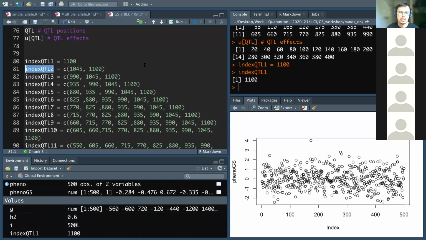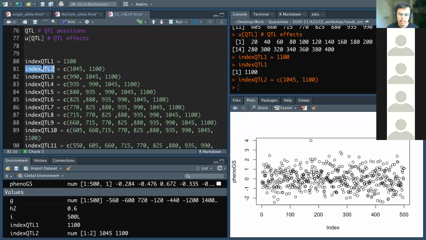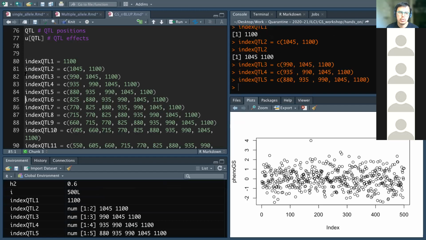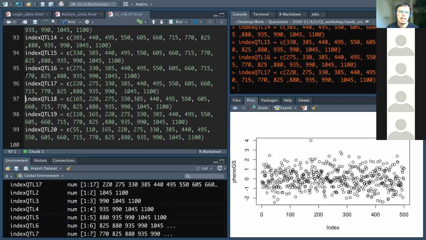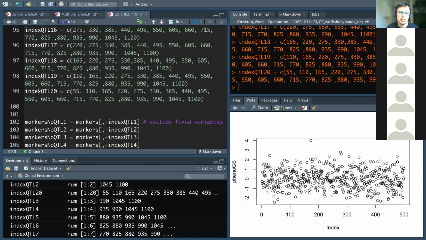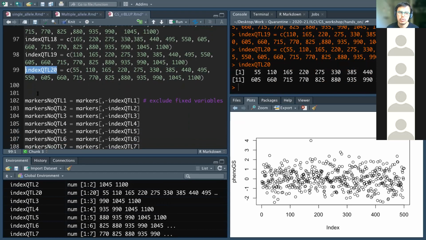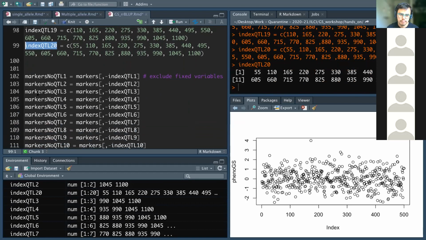Index QTL2 is just a vector with the positions of the 2 QTLs with the highest effects, and I do the same until the last index, which takes into account the positions of the 20 QTLs in the genome that control this trait. Remember, this trait is controlled by just 20 QTLs in the genome.